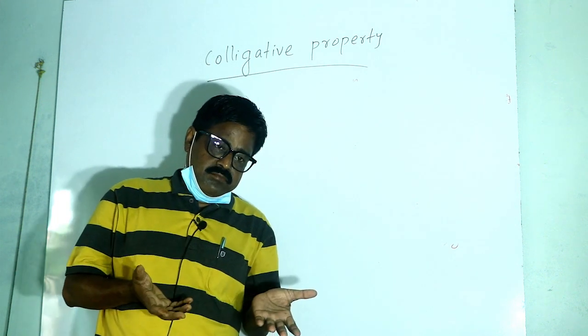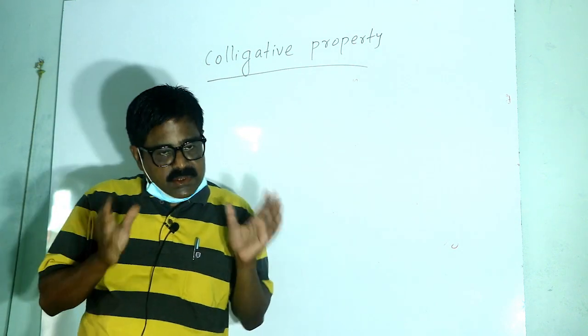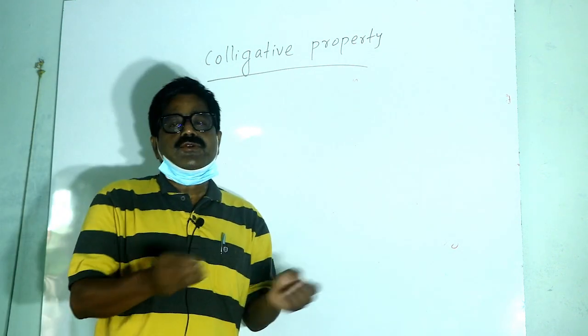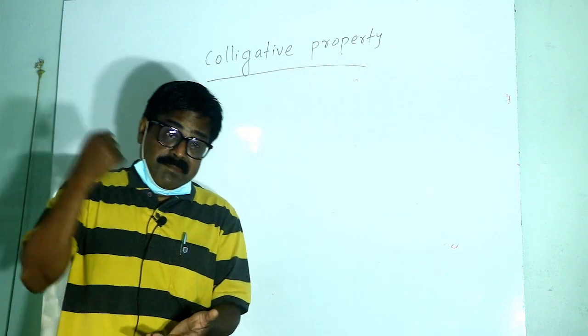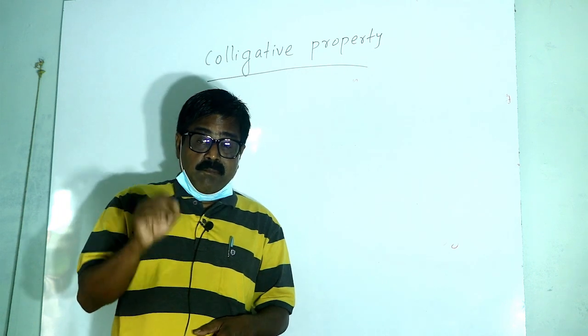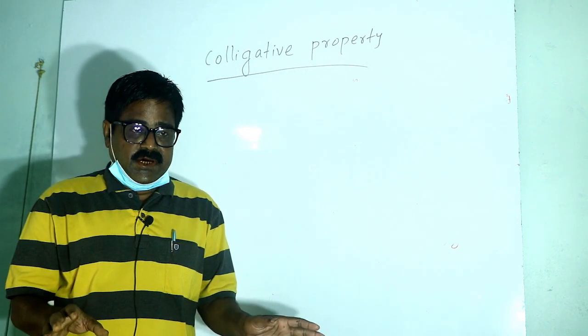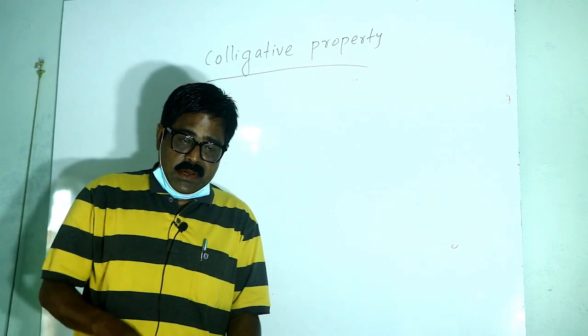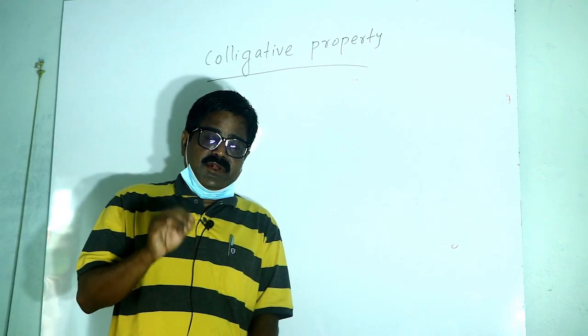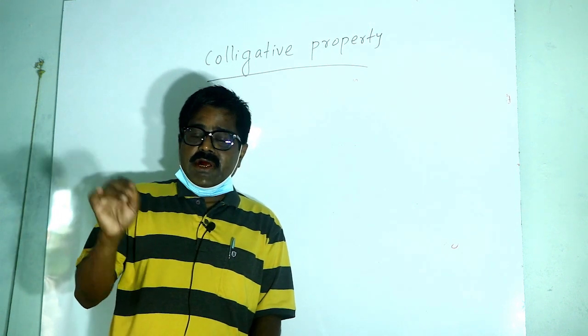we know any state of matter has some properties. Similarly, a solution should have some properties, but the property which depends only on the number of solute particles, not on the nature of the solute or solvent, is called a colligative property.